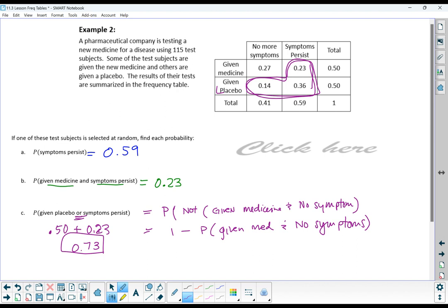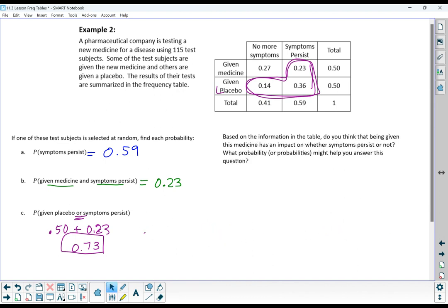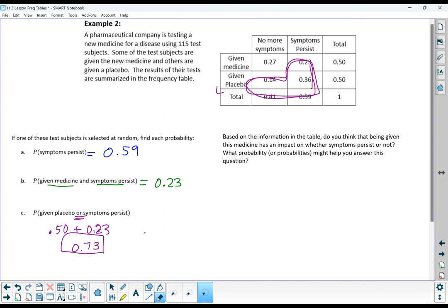Okay. And I have just a couple more questions underneath here. Based on the information in the table, do you think that being given medicine has an impact on whether or not the symptoms persist? Like, what could we think of to help us decide if we think that the medicine is helpful?